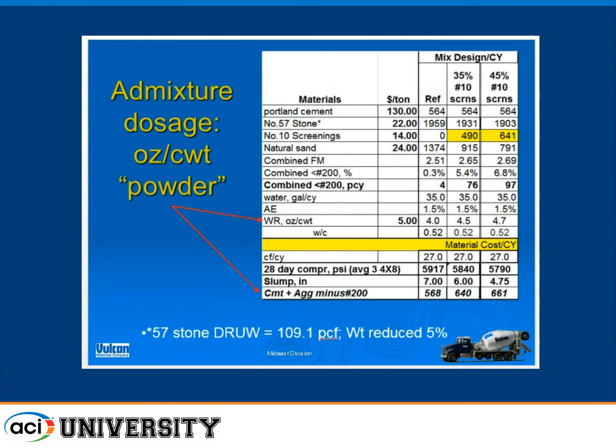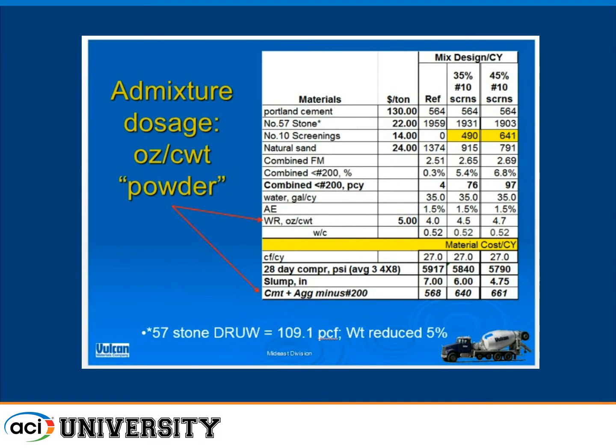One of the things I want to point out is the admixture dosage. In the ready-mix world and the admixture world, we like to use ounces per 100 weight of material. Traditionally, it's ounces per 100 weight of cementitious material. But when you're using a number 10 screening that is so rich in mineral filler, we need to consider ounces per 100 weight of powder.